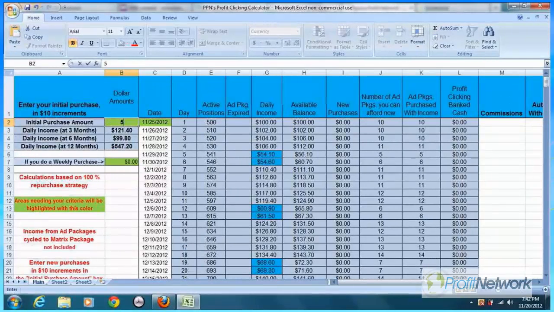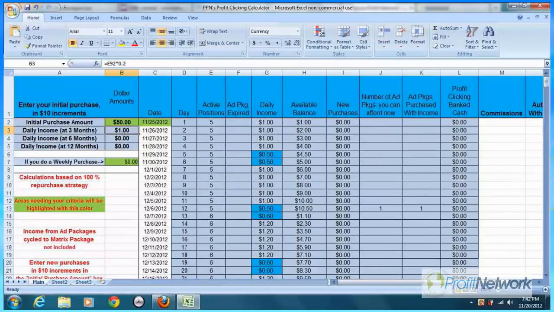And right here, if you want to do a weekly purchase and don't want to put in a large amount at once, you can do $50 initial purchase, and then from your paycheck you can say, I want to purchase $20 worth of ad packages every week. All you got to do is put your 20 in there, and see right here, new purchases, it throws in that 20.